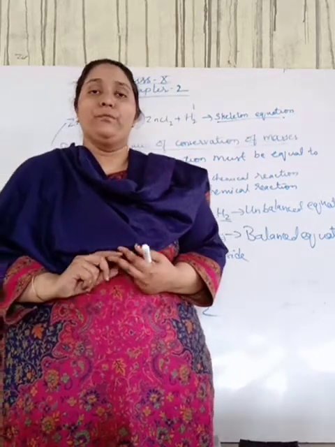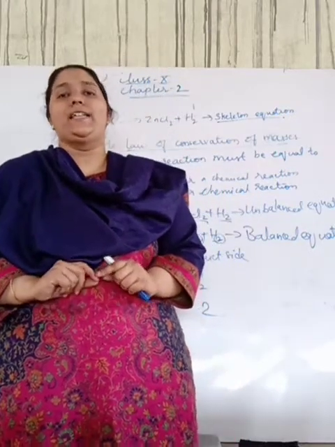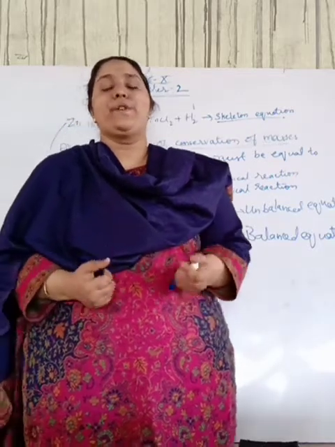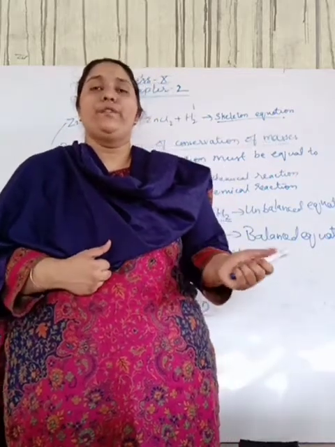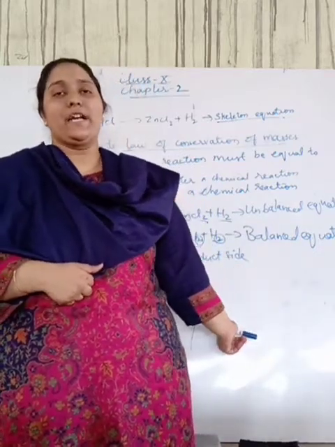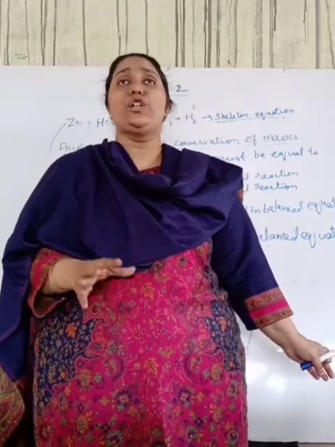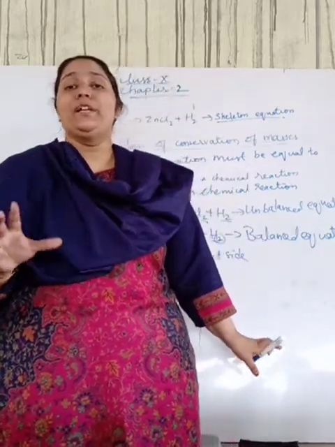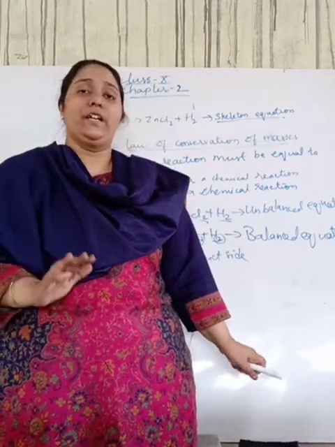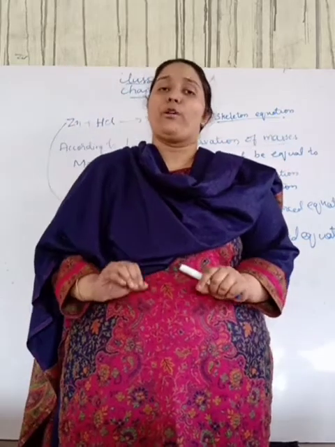But we can't accept any skeleton equation as a chemical reaction. Why, students? Because according to the law of conservation of masses, the number of atoms on the reactant side must be equal to the number of atoms on the product side. So the total mass in a chemical reaction must be equal before the reaction and after the reaction. In all, mass can neither be created nor be destroyed.